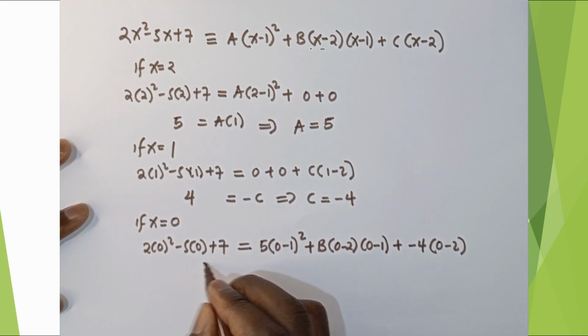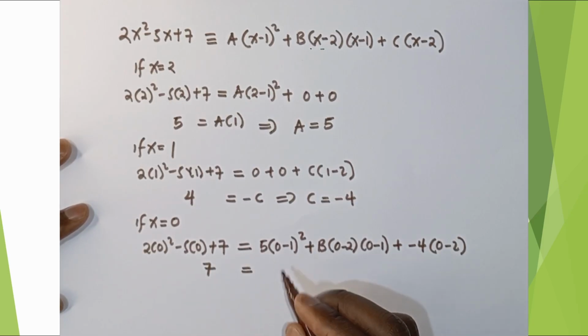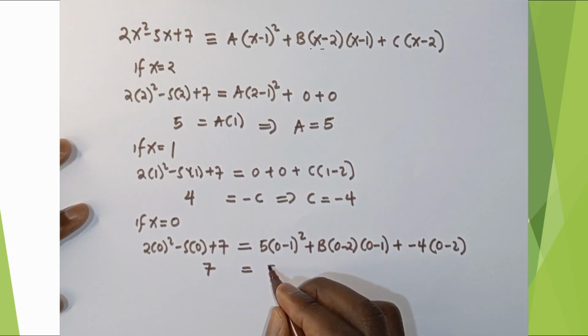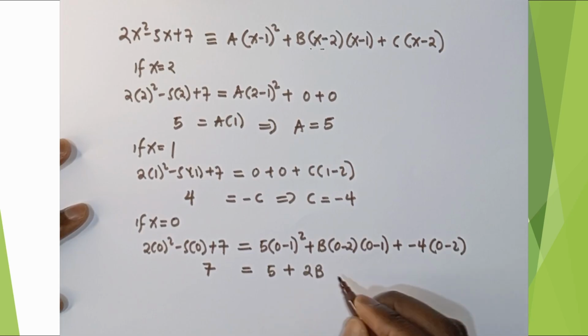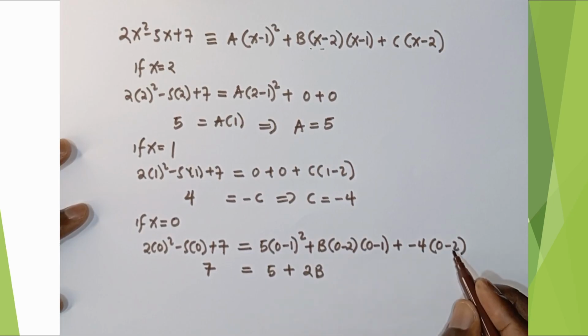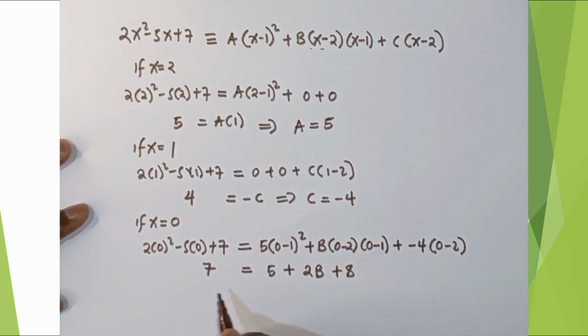So simplifying this, I'll have 7 is equal to, now when you go to this side, you'll have 5 plus, this is a negative 2 times a negative 1, we have 2b, and then this is positive 8. So when we go further, we realize that we shall have 7 is equal to 13 plus 2b.